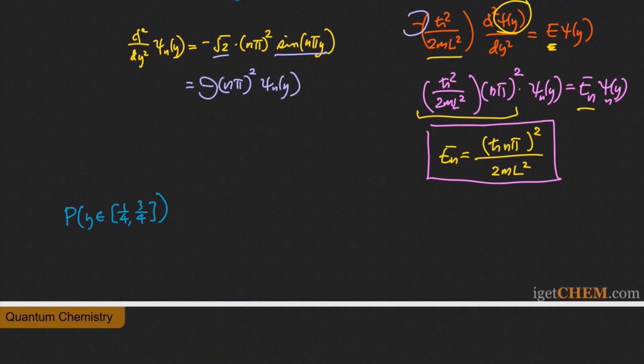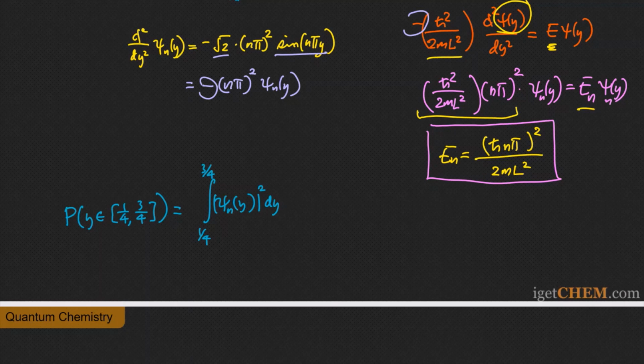So the probability is, of course, equal to the integral of psi n of y squared dy, but now the integral is from 1/4 to 3/4. And then all the L's are actually found in the coefficients in front of the sine function.